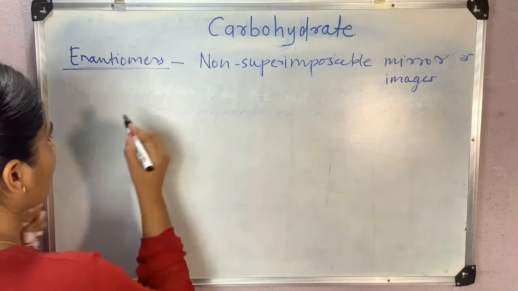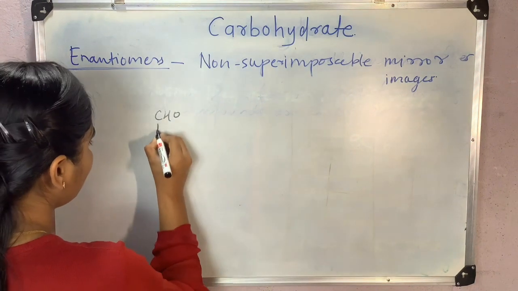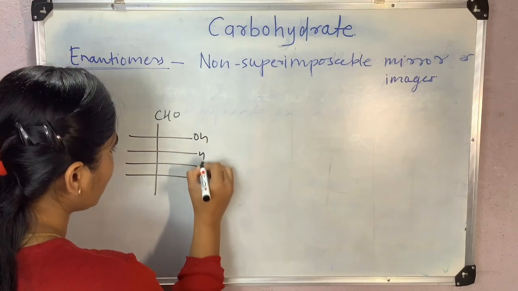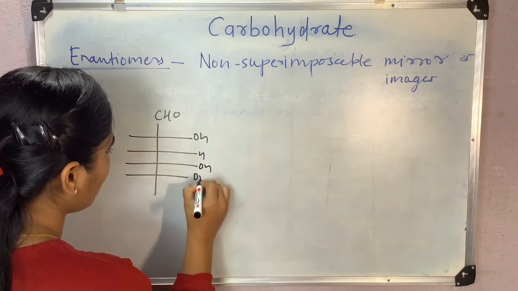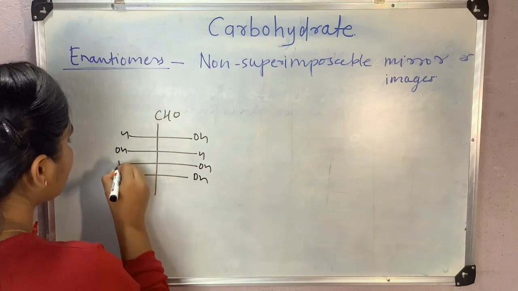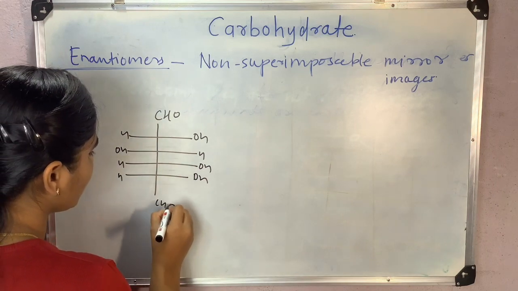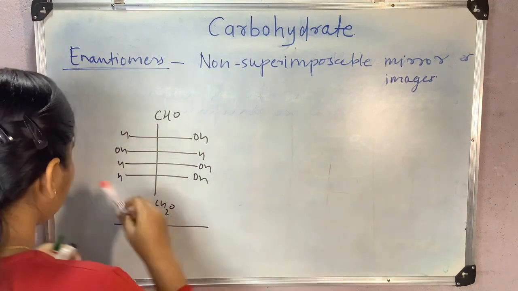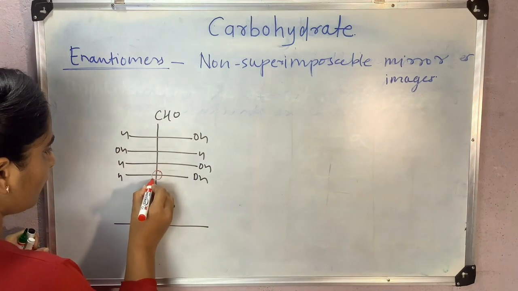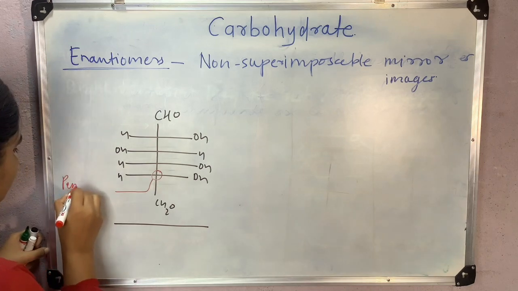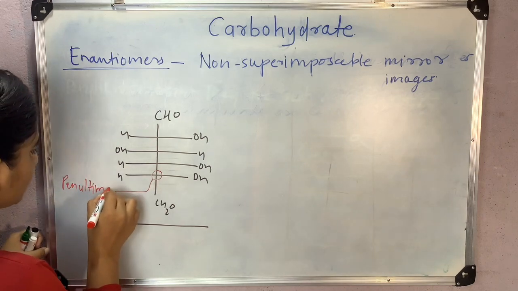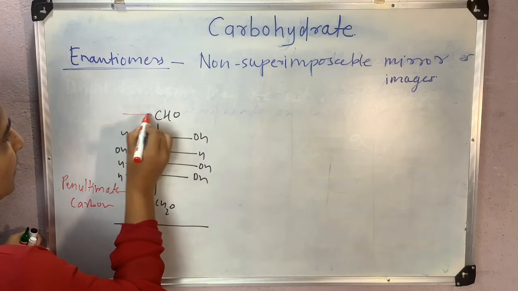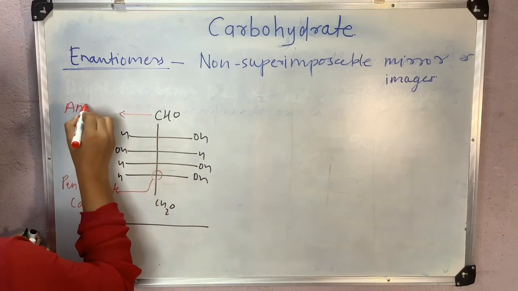Suppose I draw here one molecule which is glucose: CHO, OH, H, OH, OH, H, OH, H, H and CH2OH. As in the last video I told you, this one is the penultimate carbon atom and this aldehydic carbon atom is the anomeric carbon atom.